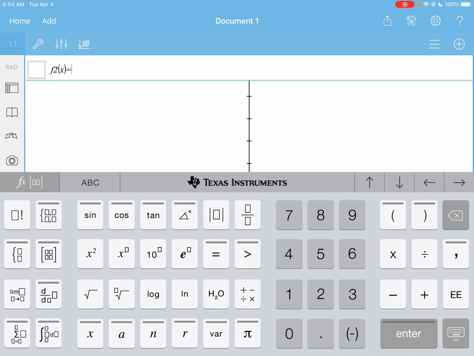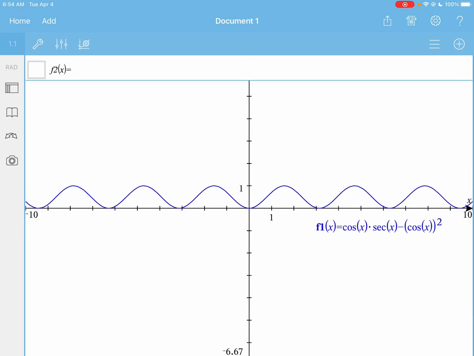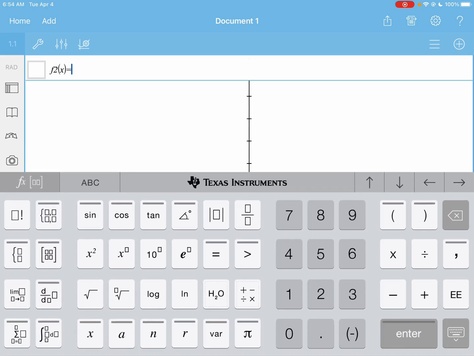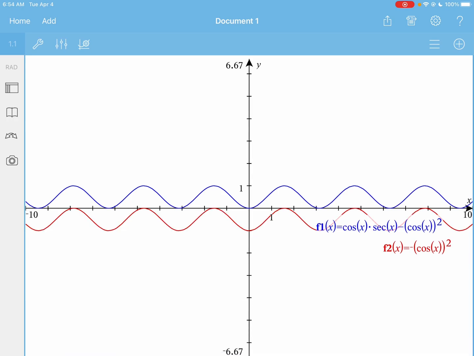And when we graph it, let's see, it looks like this. So we want to make sure that it is covering that blue graph. So when I type in my next one, negative cosine squared, so parentheses, cosine x, close, close, squared, I see that the red did not cover it.